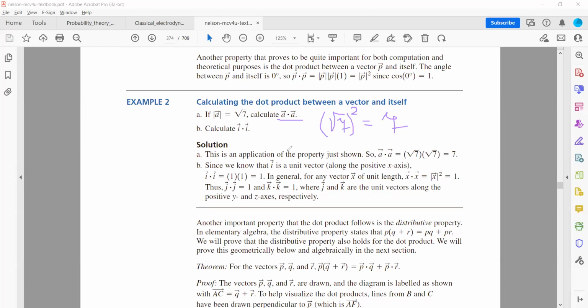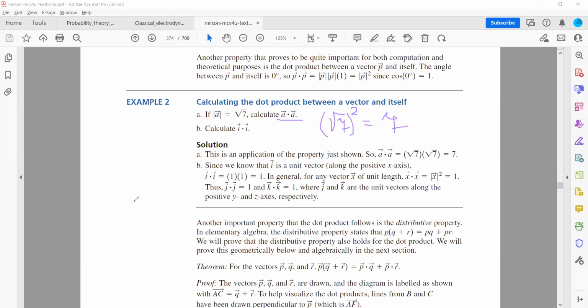But question B, what would happen if we multiply two unit vectors by each other? We know that the unit vector i lies along the x-axis and its magnitude equals 1. That's the definition of a unit vector. It's a vector that has magnitude equal to 1. In general, for any vector that has magnitude equal to 1, the square of its magnitude would be equal to 1.